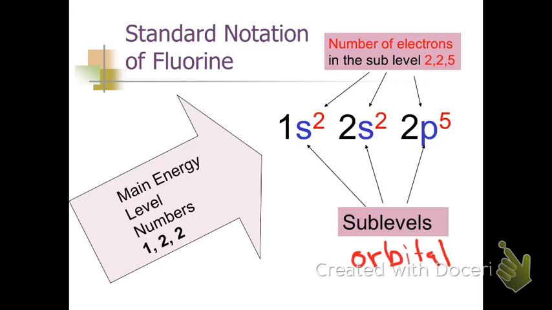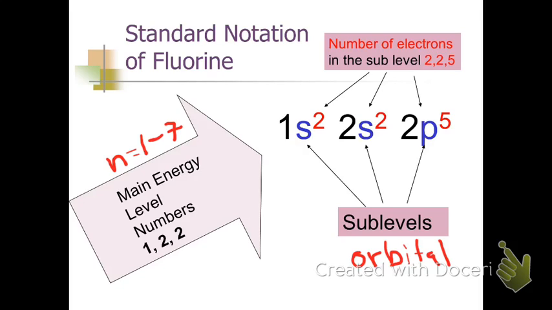The numbers on the ends are simply telling you which period it's in: 1, 2, 3, 4, 5, 6, 7, which are the main energy level numbers. These are the Bohr orbit numbers from originally, usually n equals 1 through 7. And so this is what is known as standard notation.